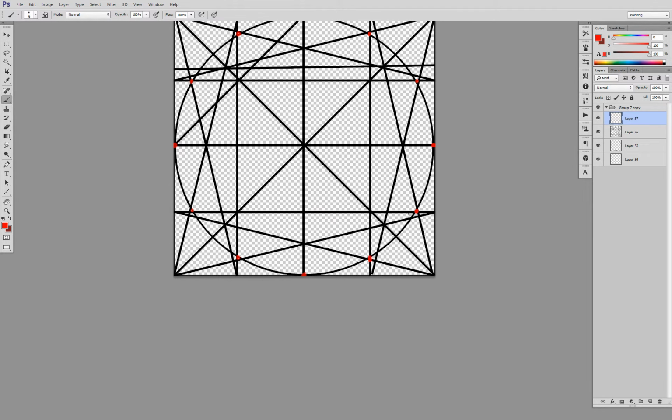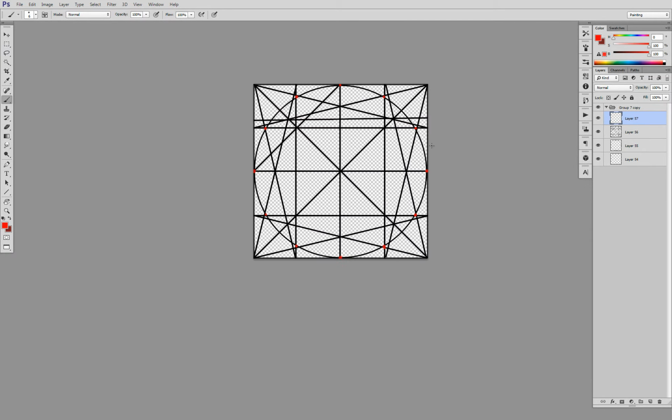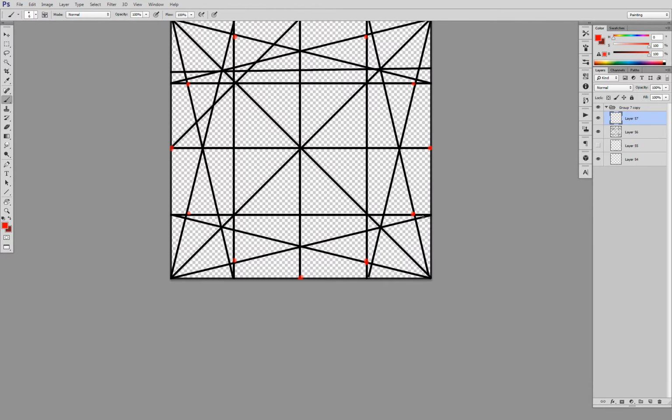So this is how it's done. What you can see there is that where this line and this line cross, that's where we're putting our mark.